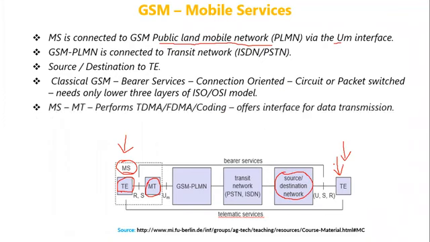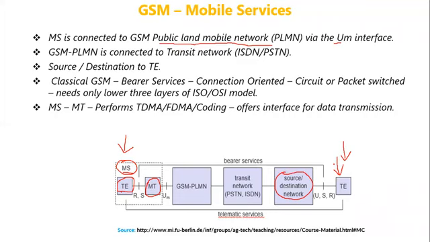In classical GSM, the bearer services are connection oriented services like circuit switched and packet switched services, and they use only the lower three layers of the OSI reference model.